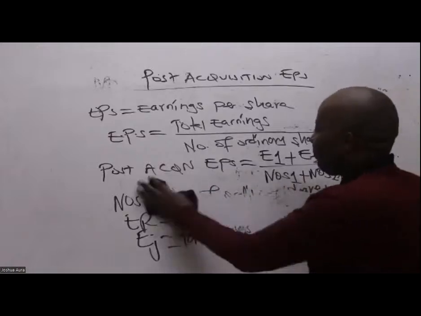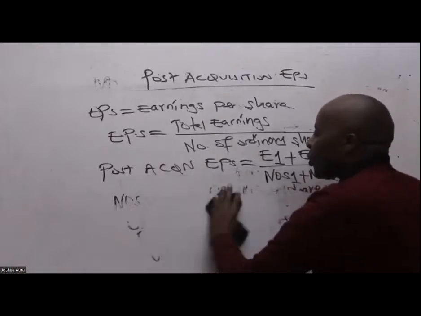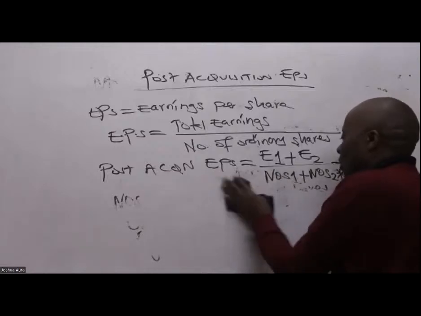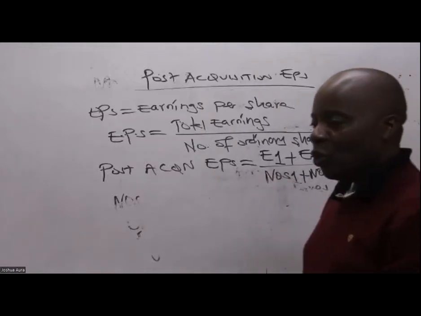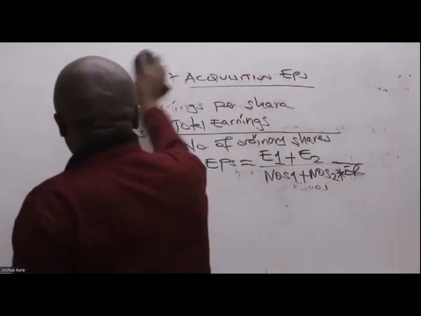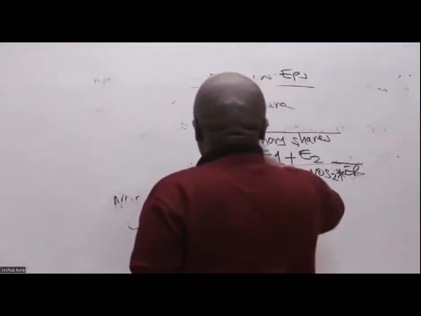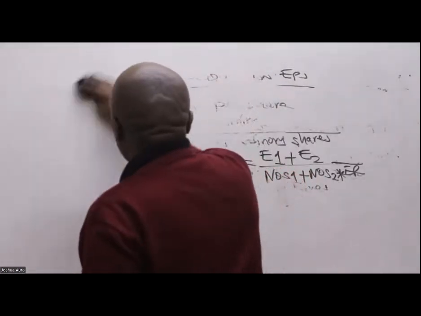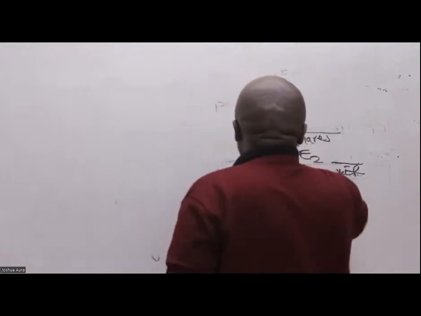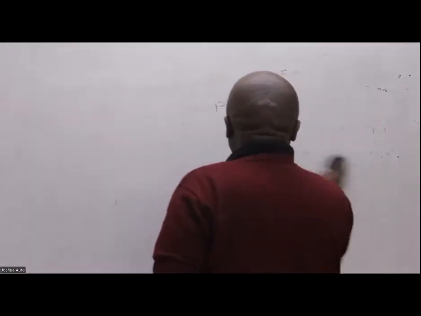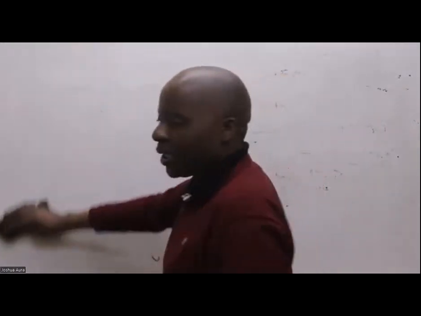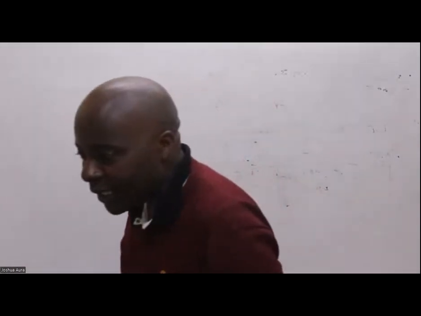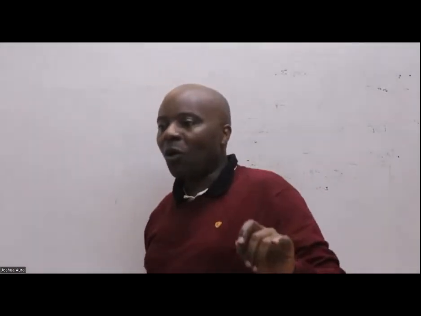Now, there are two types of exchange ratios. Right there for us, there are two types of exchange ratios. EJ stands for E, earnings of company 1, earnings of company 2.